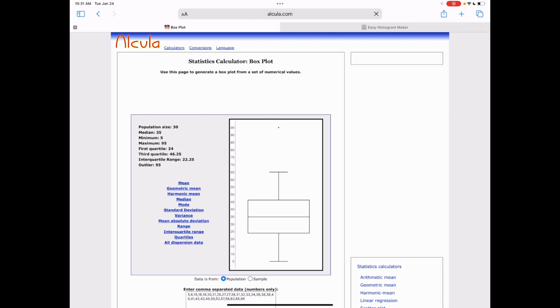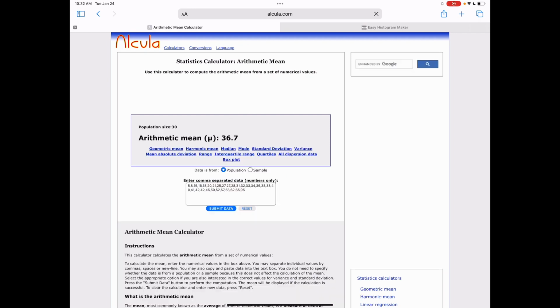So to find the mean, I'll just click on the mean button. And there we go. You can see we have an arithmetic mean of 36.7. Now, this is a question dealing with dollars, so we would not say $36.7. We would write that as $36.70. I can also find the standard deviation by hitting the standard deviation button.